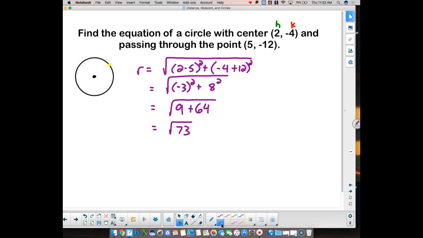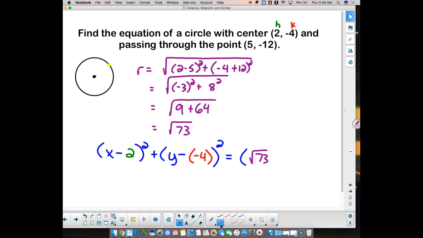Agree with that? Okay. So now we can go to our equation of a circle, x minus h, so that's 2, quantity squared, plus y minus k, k is negative 4, quantity squared, equals the square root of 73 quantity squared.